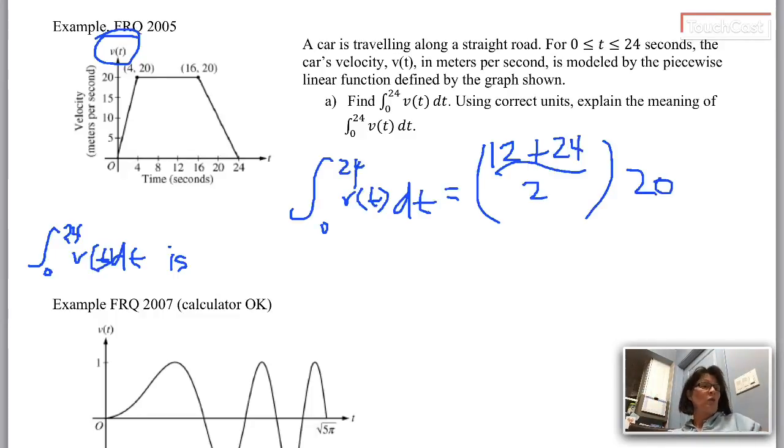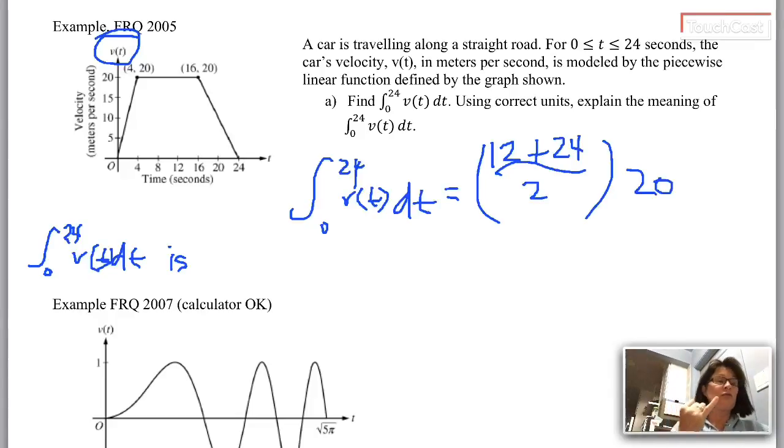Okay, so what is it? This is the area under the velocity curve. That's displacement. In this case, notice our velocity is always positive. That's the same as distance traveled or total distance traveled. So I would expect on this problem you would get full credit for writing displacement, distance traveled, total distance traveled, because in this case they all happen to have the same value because our velocity is positive.